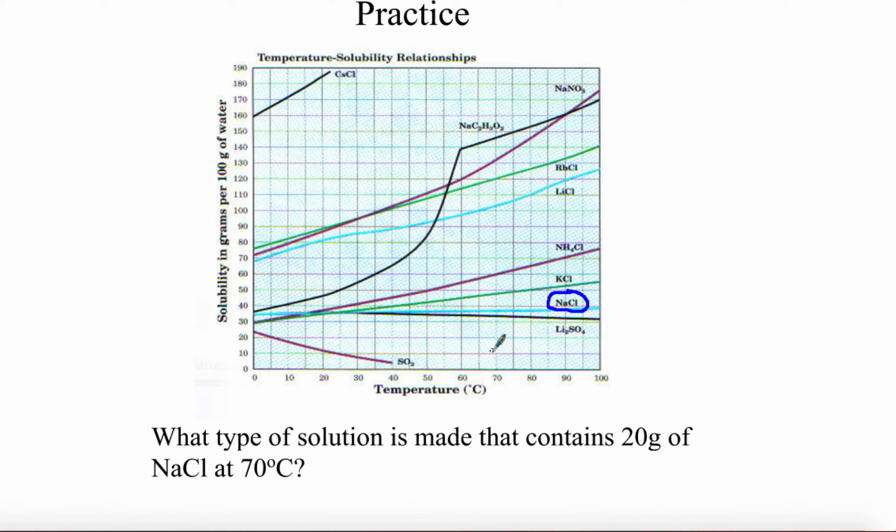At 70 degrees, we can dissolve approximately 35 grams in water. So at 70 degrees, 35 grams of salt would make that a saturated solution. If we have dissolved 20 grams, that is below the maximum quantity, making this an unsaturated solution because we have dissolved less than the maximum.